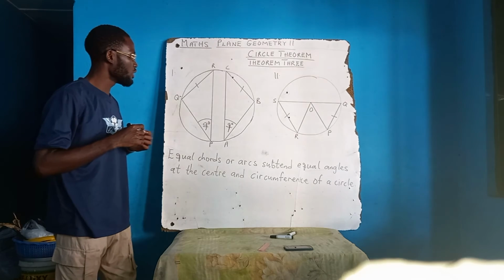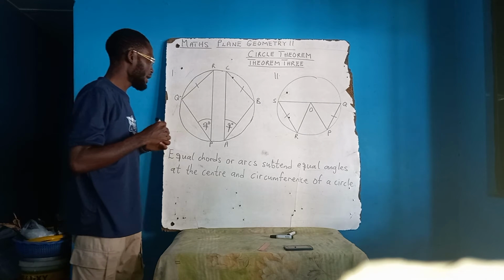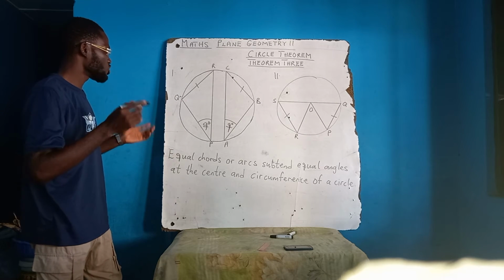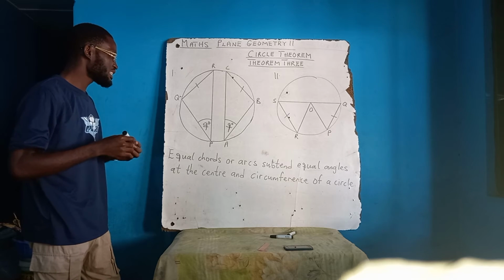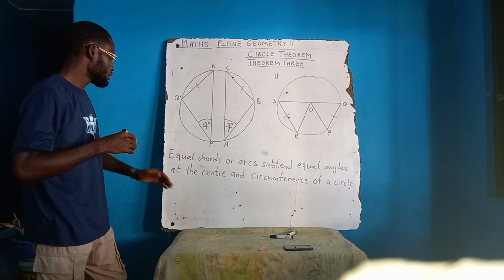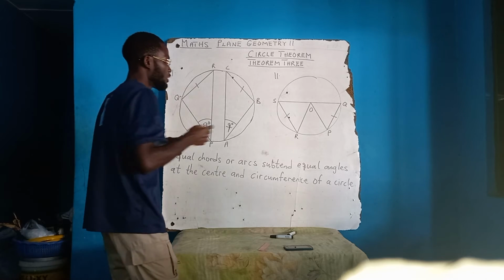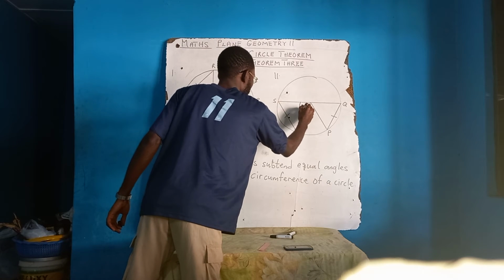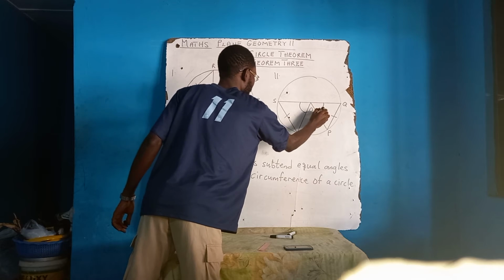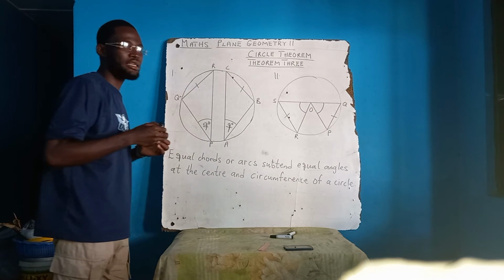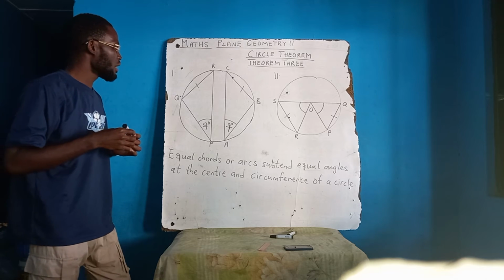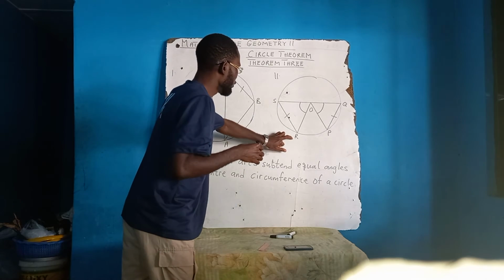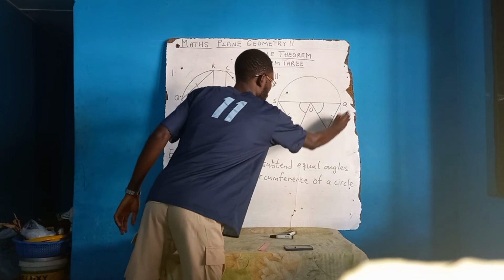Now moving on to illustration II, as stated in the theorem, equal chords or arcs subtend equal angles at the center. So over here we are focusing on the angles at the center of the circle. So we are going to have chord SR being equal to chord PQ.